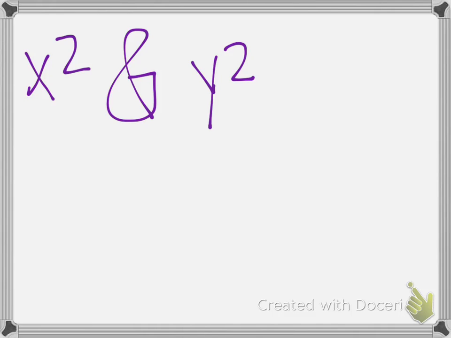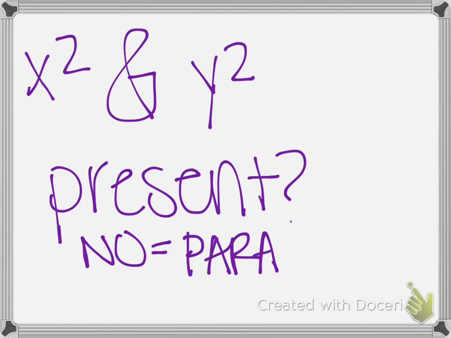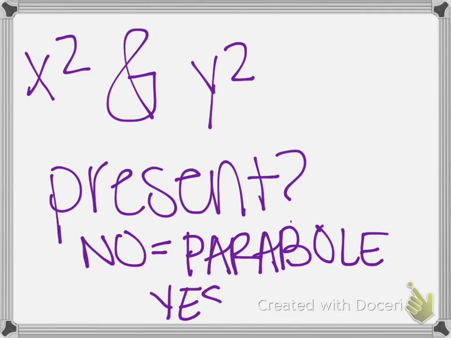So the first question is, are both x squared and y squared present? If the answer is no, then that is a parabola. And if the answer is yes, you can move on to the next question.